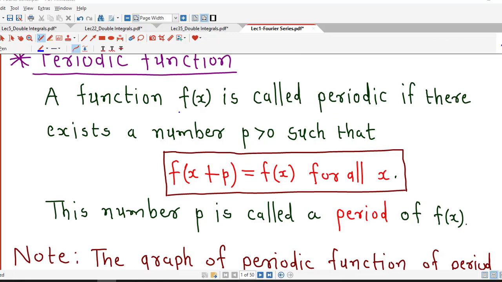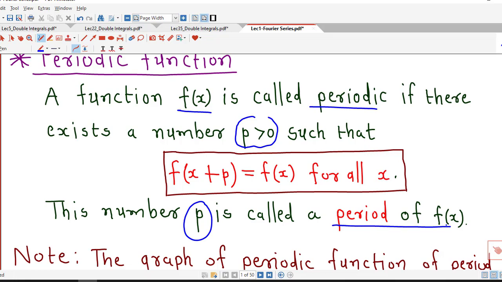A function f(x) is called periodic if there exists a number p which is positive such that f(x + p) = f(x) for all x, and this number p is called the period of f(x).